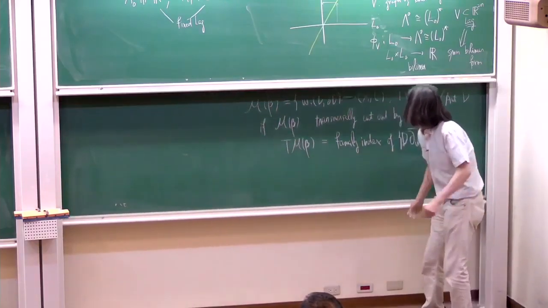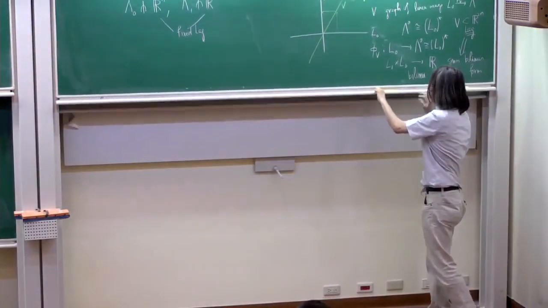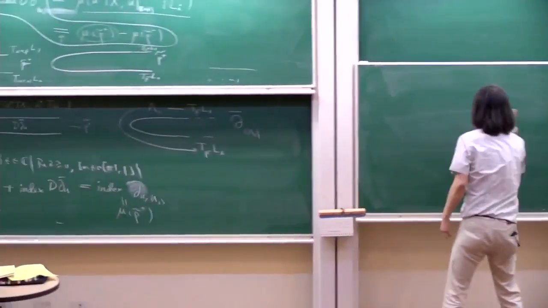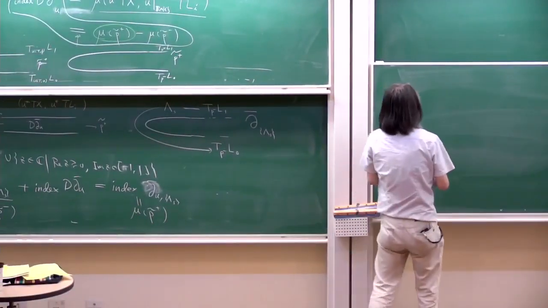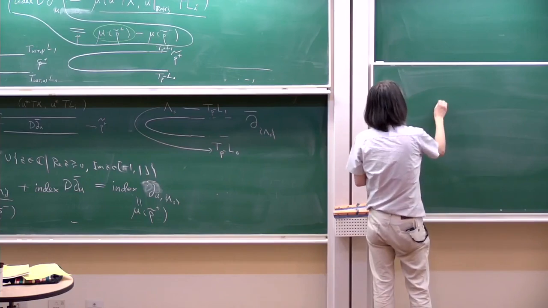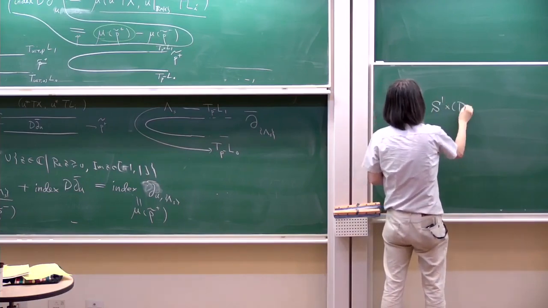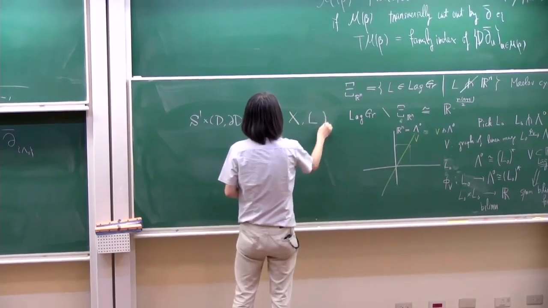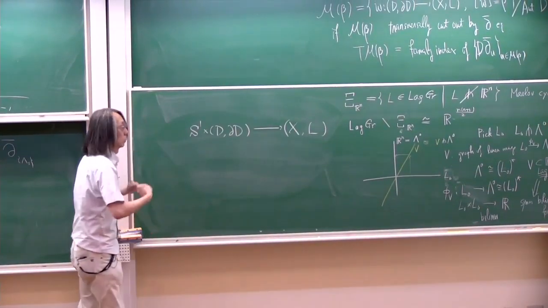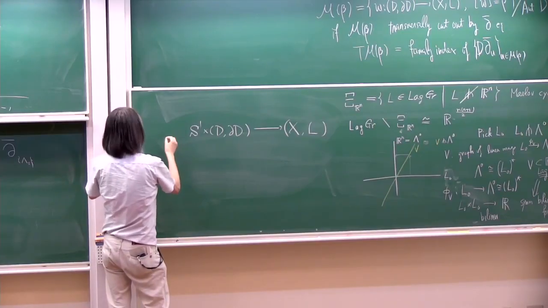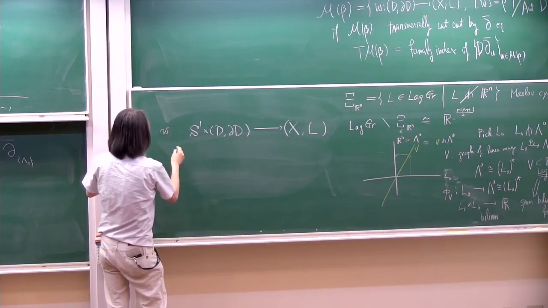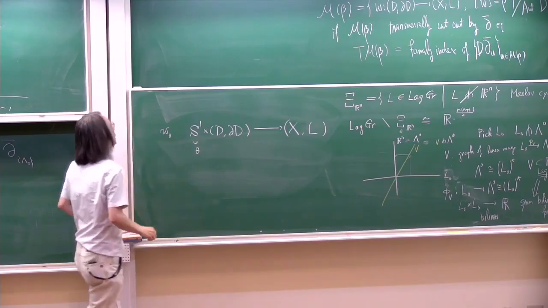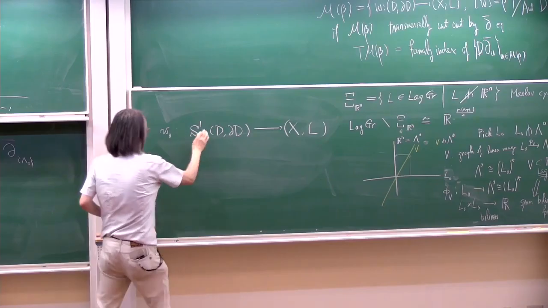And then our idea is the following. Just briefly, and then I finish. So here I have a loop, like S1 cross D2 to this X and F. So I have a family of things like W of theta. So theta is actually here, and W theta is such a map.